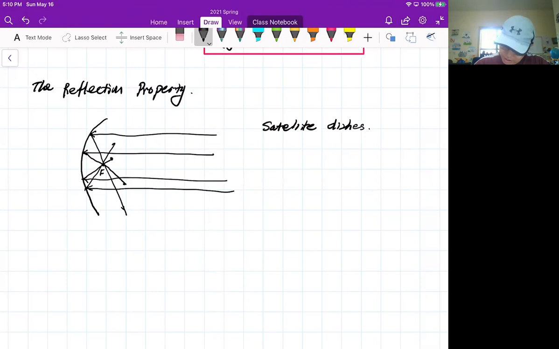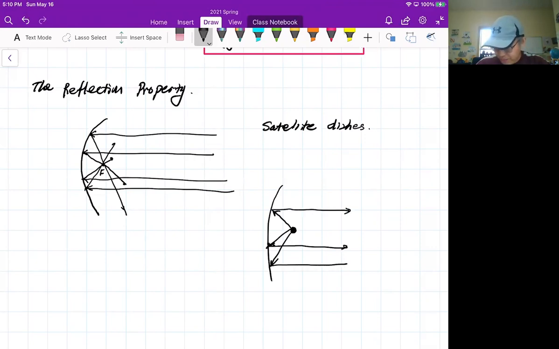You have the light here, a light bulb, and the light goes this way, but after the reflection, it always goes out in parallel. That's how you build the headlight for when you drive a car in the evening. So this is for your car.